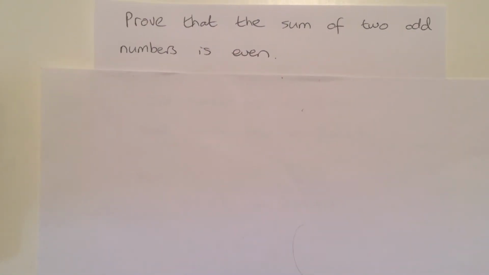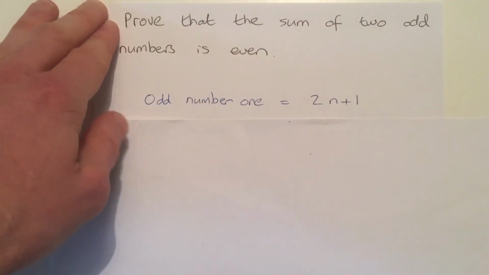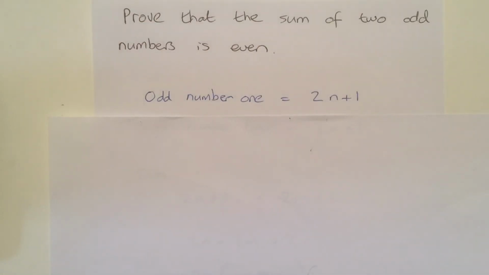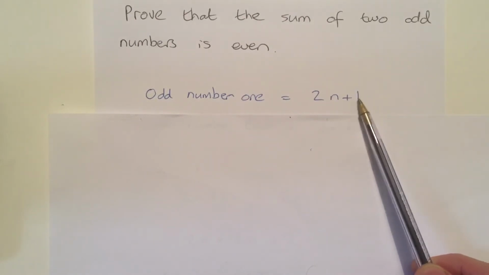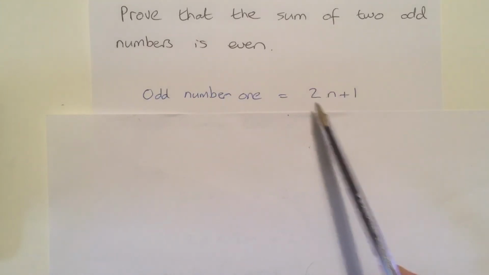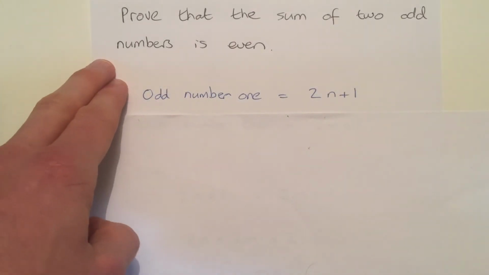Prove that the sum of 2 odd numbers is an even number. So my 2 odd numbers, so there's the first odd number. It doesn't matter what n is. When I times it by 2 and add 1, I get an odd number. So this is always an odd number. Now I need a second odd number.